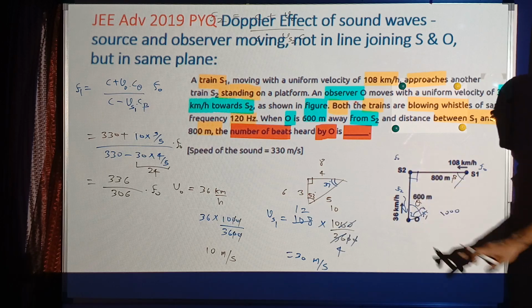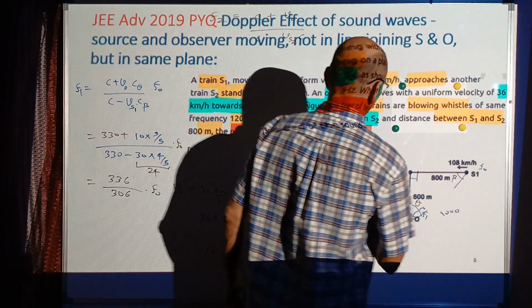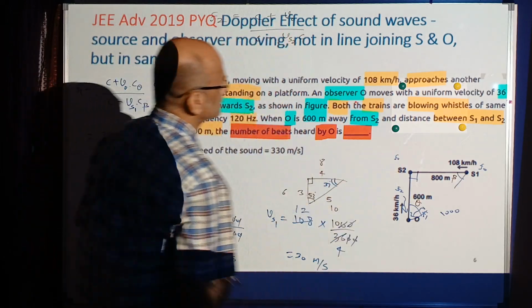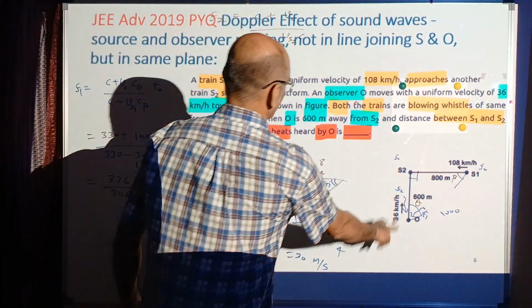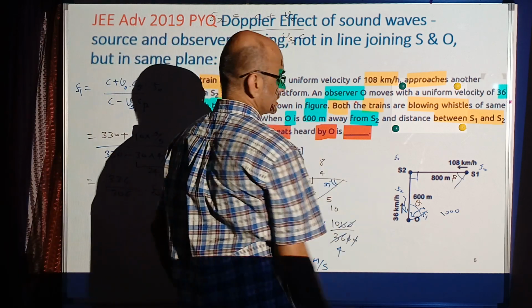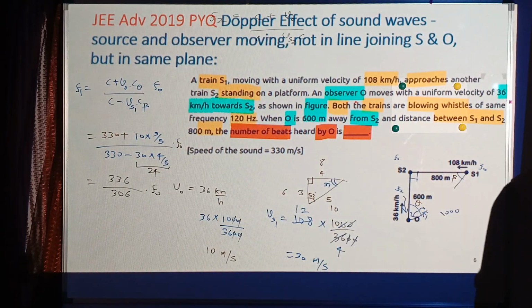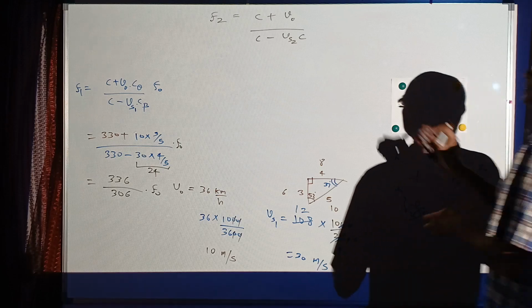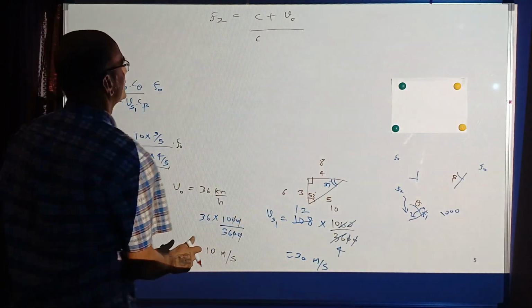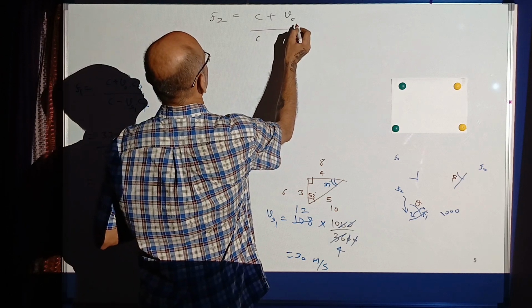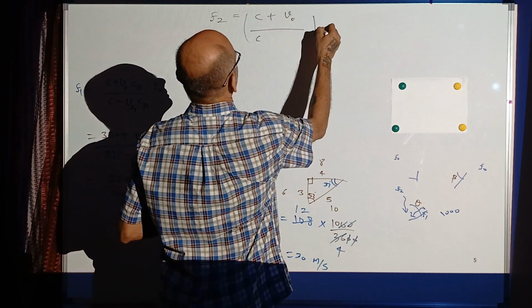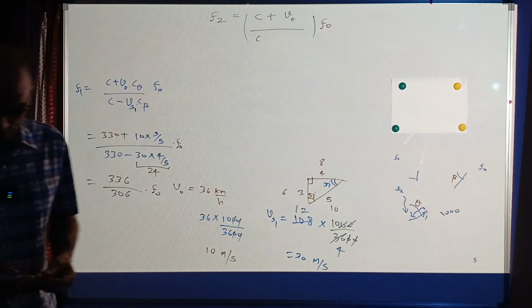So for this second sound, observer is moving towards this thing, but in the line directly joining this one. So there is no component. The full component is 36, which is 10 meter per second, and S2 is not moving. S2 is a stationary train, so Vs2 is 0. Only observer is moving with the velocity of 10, with respect to S2, which is 10 into F0.